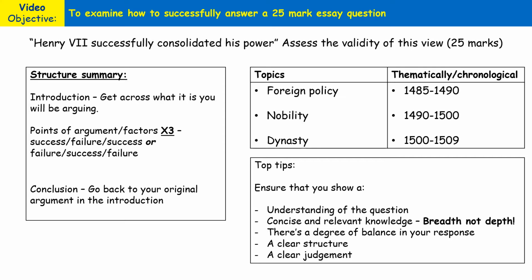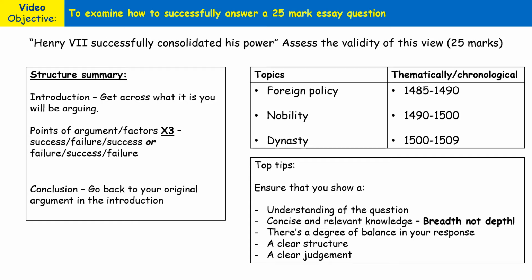Then you need to get into the main body of your argument, which should include points of argument or factors, and you need to think of 3 factors or topics that you're going to write about. Now, I've mentioned you can write topically. For example, for this type of question, focusing on whether or not Henry Tudor successfully consolidated his power, you might want to refer to Henry VII's foreign policy or his relationship with the nobility and his efforts to secure the Tudor dynasty.